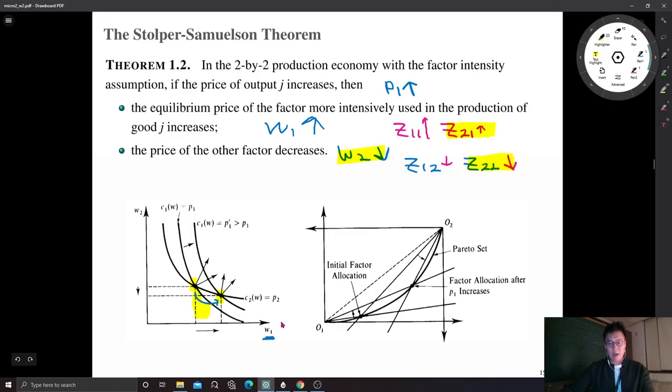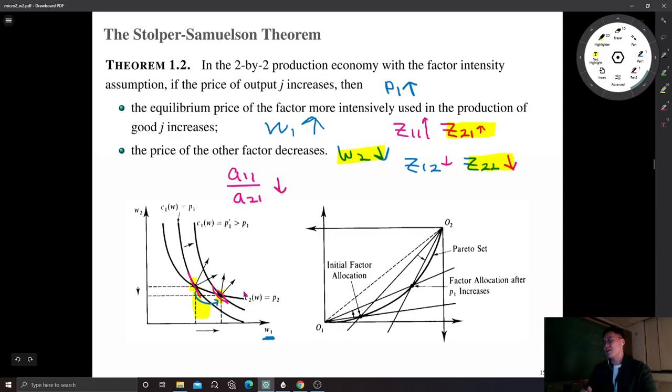Then what about the factor allocation? Because now we have a new intersection, the slope of this level curve will be different. Okay, so previously at the intersection, the slope of the level curve, say firm 1, is a little bit steeper than at the new intersection, right? So that means the slope of the level curve, a sub 1,1 over a sub 2,1, will decrease.